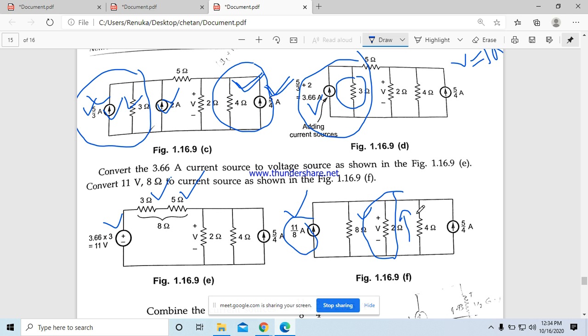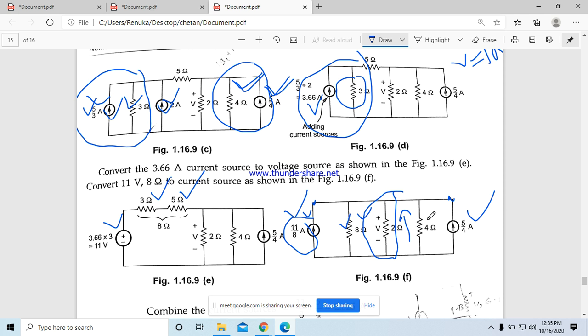Next, this is parallel with this one, right? This end is connected to this end. These two are short connected, right? So if these two are parallel, then what do you do? If two current sources are in parallel, what do you do? You will add 11 by 8 plus 5 by 4.